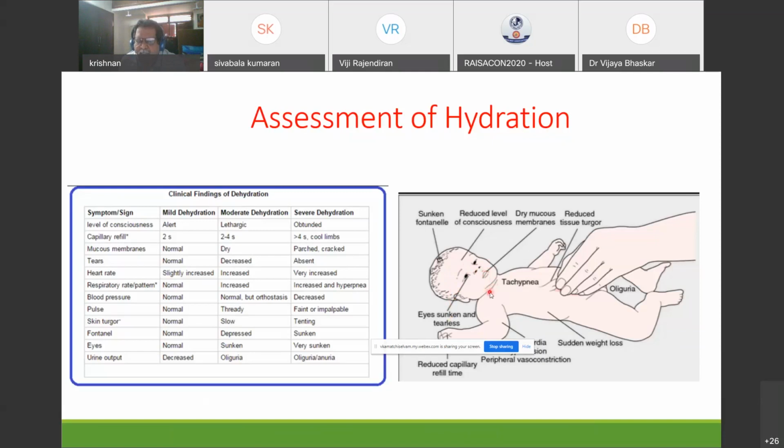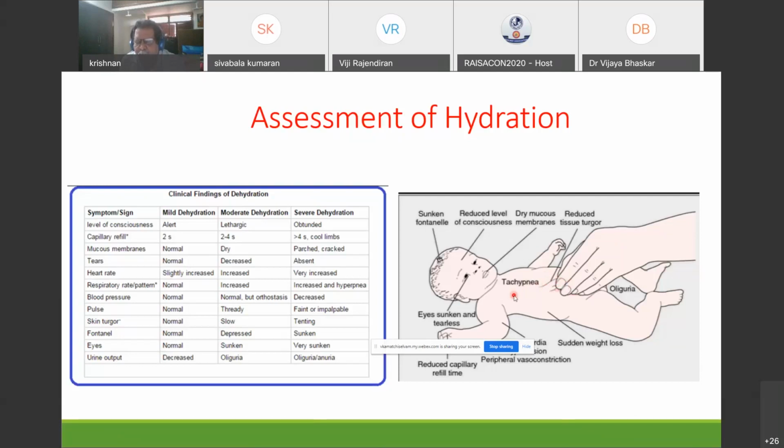Then your central pulse will be of low volume. The child will have tachypnea, tachycardia, and if you come to the abdomen, you will have oliguria or reduced urine output. The skin turgor may be lost. The only issue is that even malnutrition can have this.